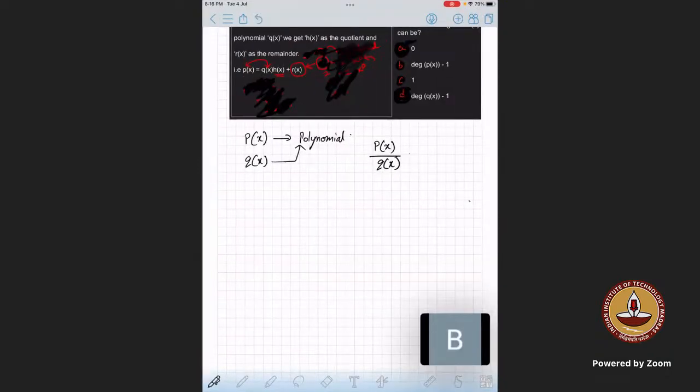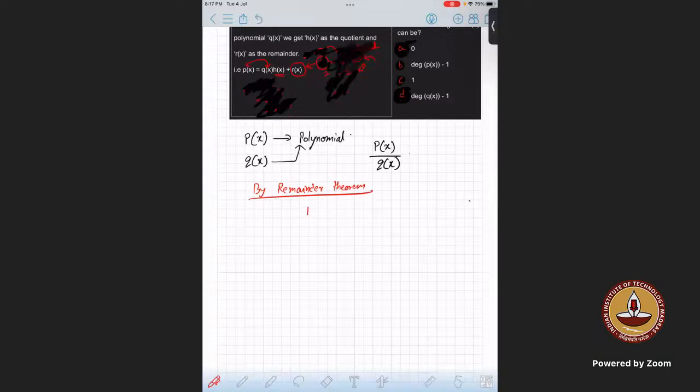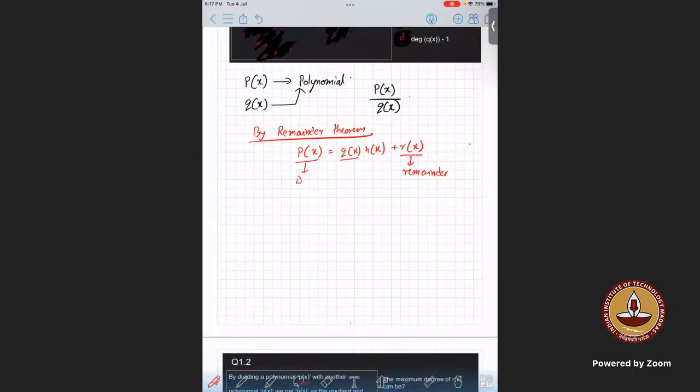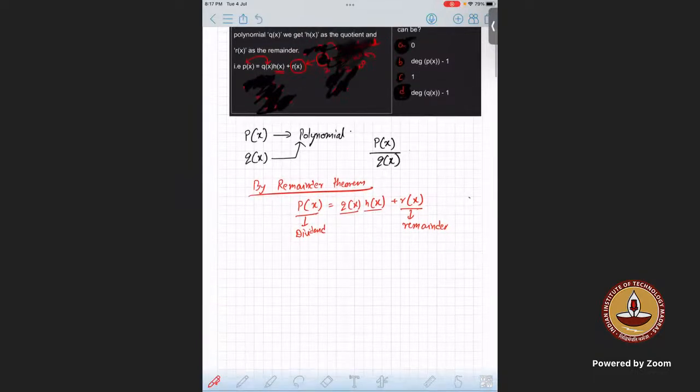So by the remainder theorem, you can say that p of x is equal to q of x into h of x plus r of x, where r of x is the remainder, p of x is the dividend, h of x is the quotient and q of x is the divisor.